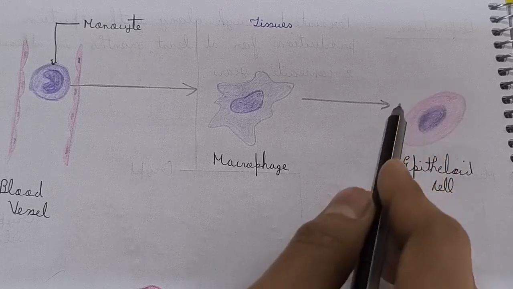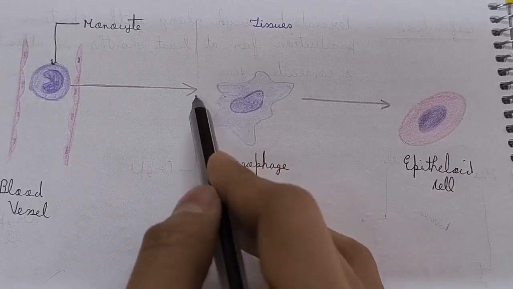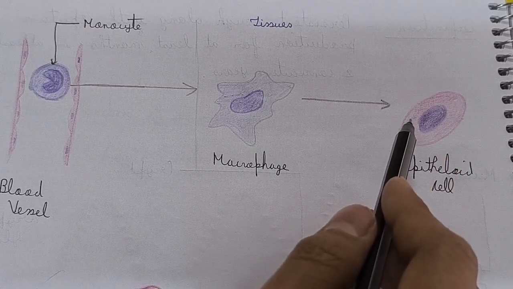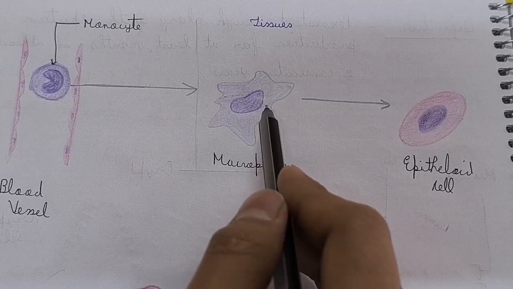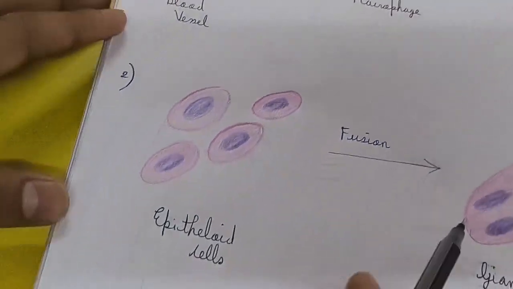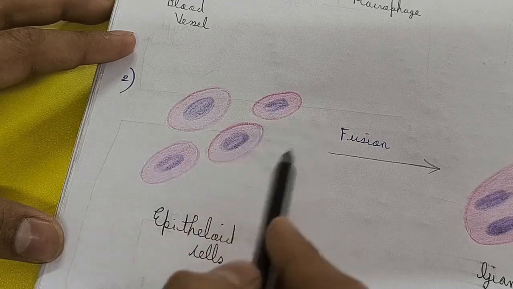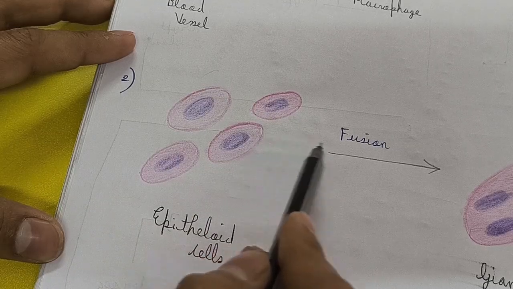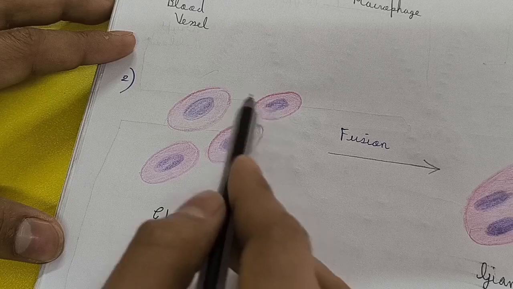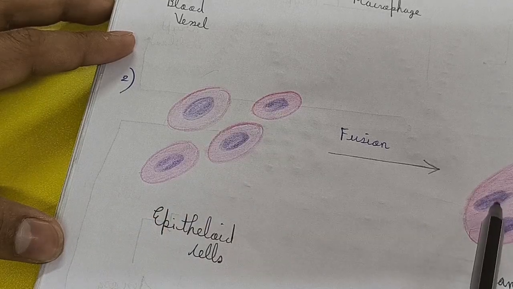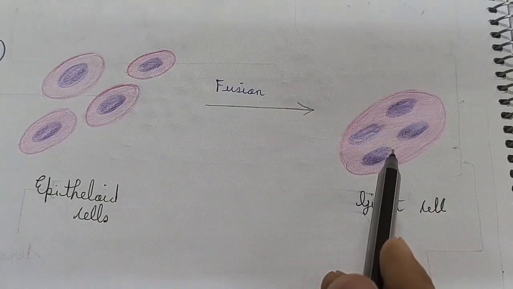Second, all these epithelioid cells fuse with each other, and due to fusion of these epithelioid cells with one another, giant cell formation occurs.